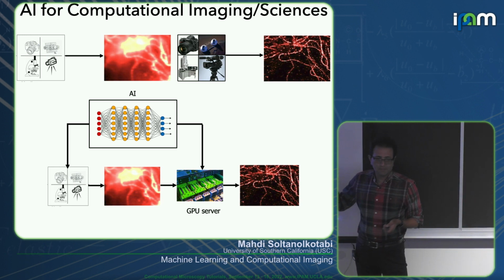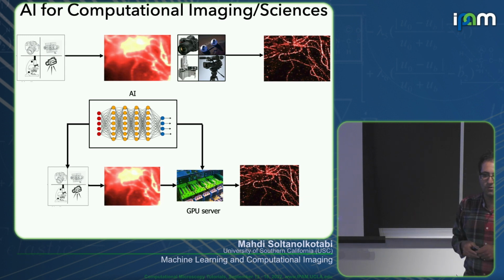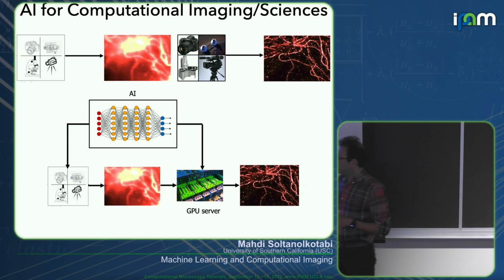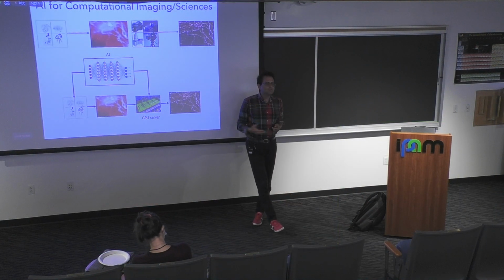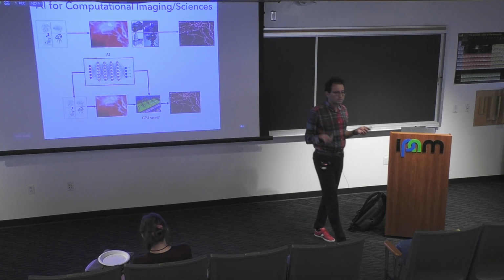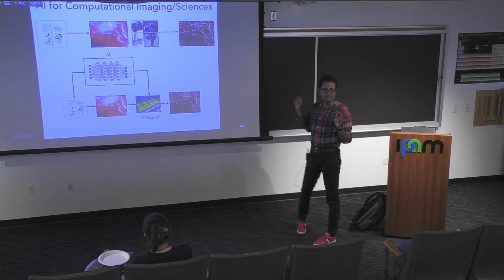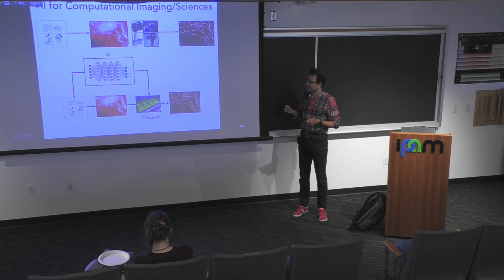But then augmented with powerful computational algorithms, these days more in the form of AI and machine learning, maybe out of the low quality device you can actually get sufficiently good signal or measurements. So that's at least the promise of using AI and machine learning in this context.